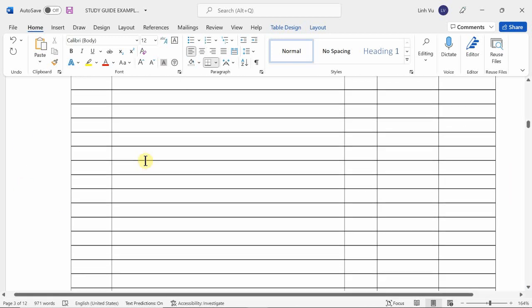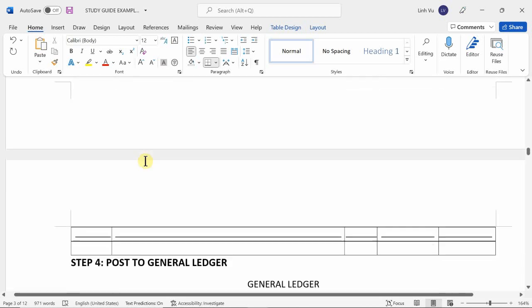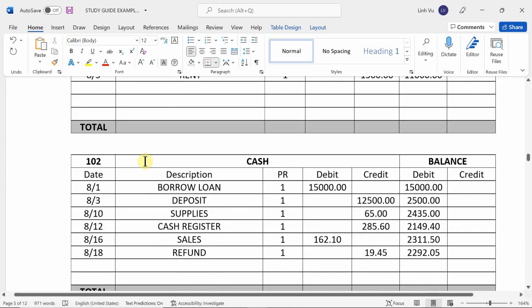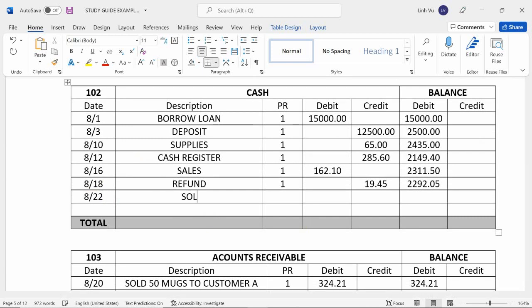So cash, it's $822. We sold, okay. Oh, we're on page 2 now. So we gain $64.84.